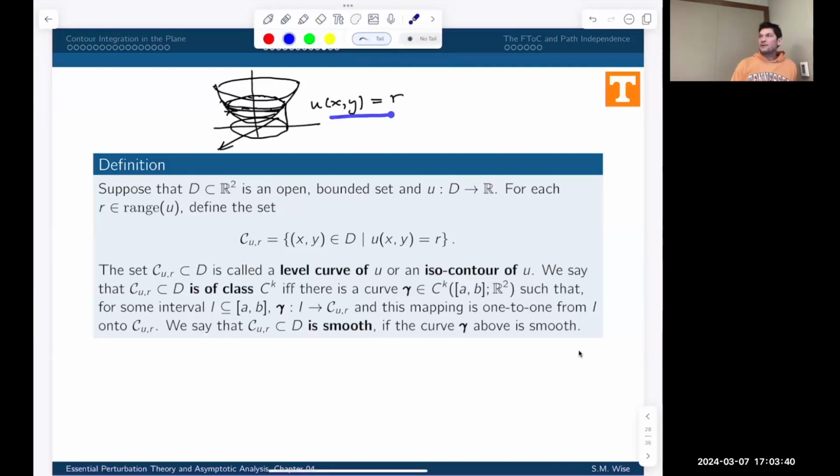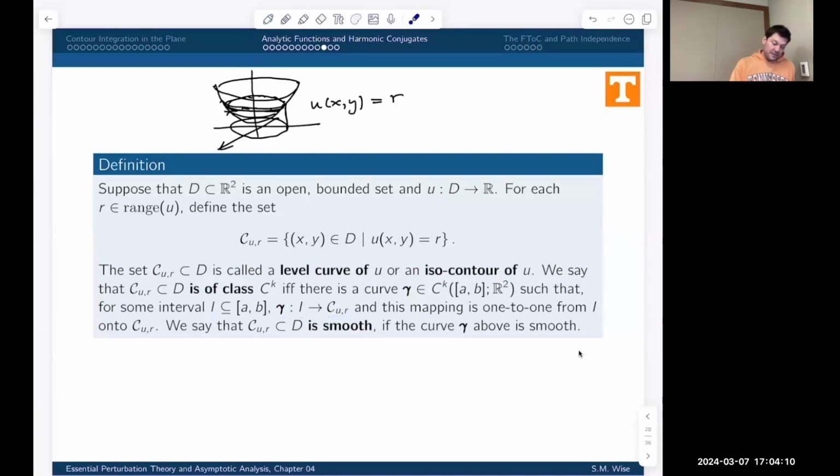Does everyone get that concept? All right, so this is called a level curve, or an isocontour of U. And we say that it's smooth of class CK. That means it has a certain number of derivatives. If there is a curve, gamma, that is of CK smoothness from [a, b] into R2, such that for some interval I, gamma maps I into the contour.